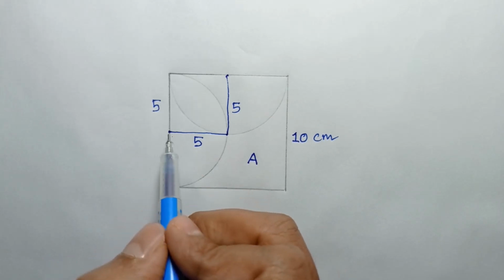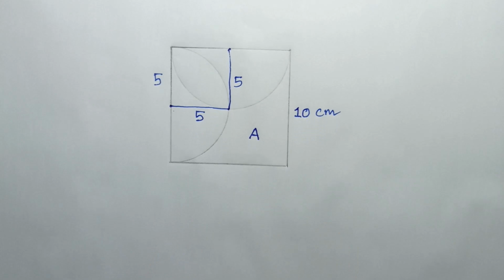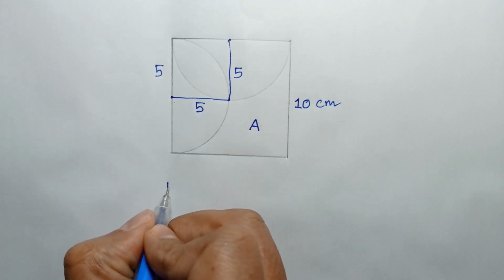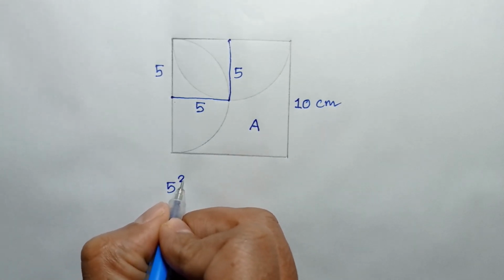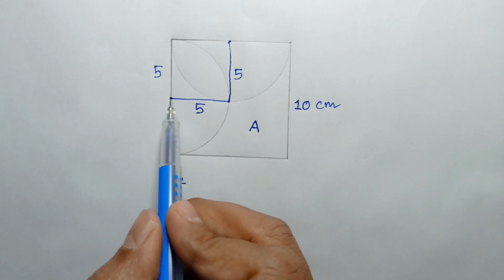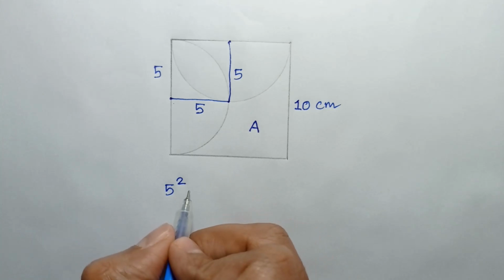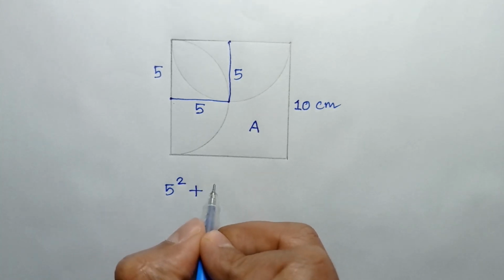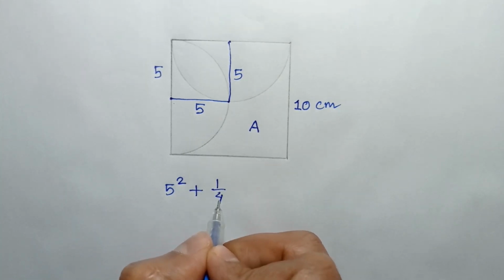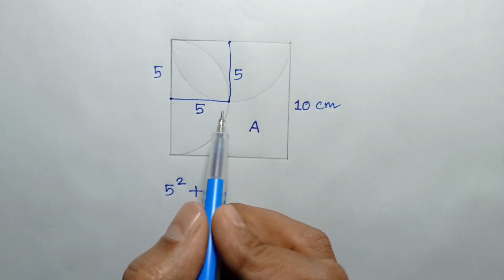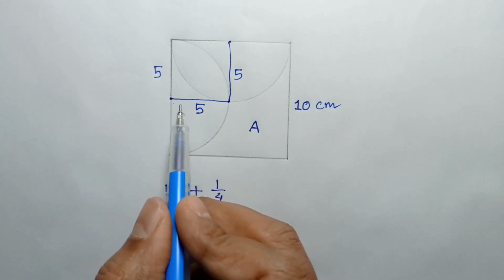So the area of this square is 5 square, and the area of this quarter circle is 1/4 of a full circle of radius 5 centimeter.